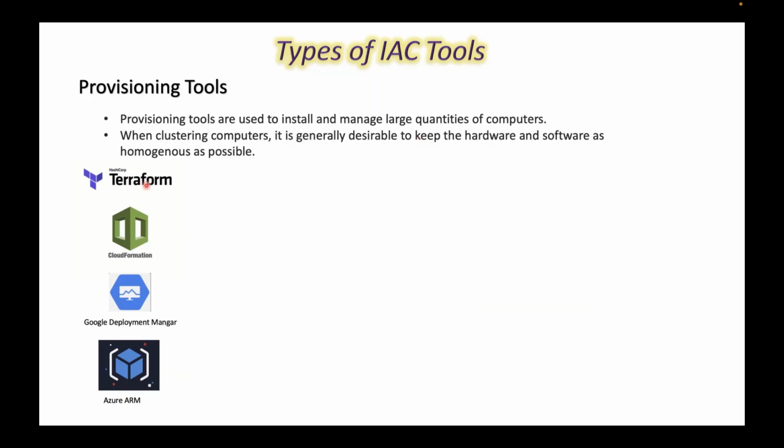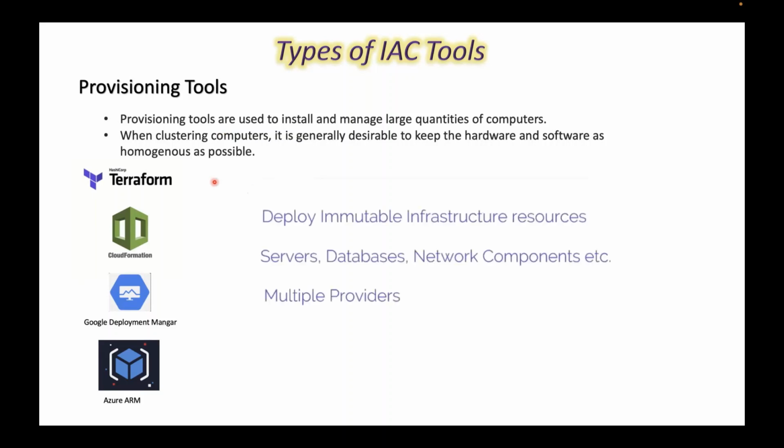That is provisioning; it means we need to do it from scratch. For that we have these many tools. This is also immutable infrastructure; what is immutable, again I will come to that. And we can deploy servers, database, network components, etc.